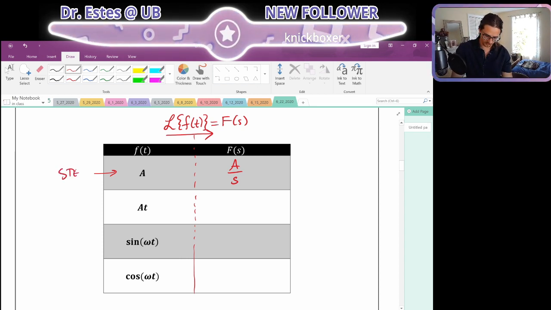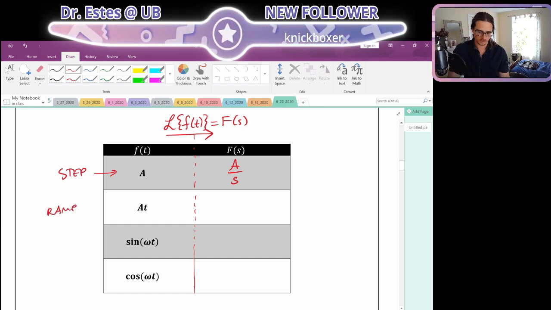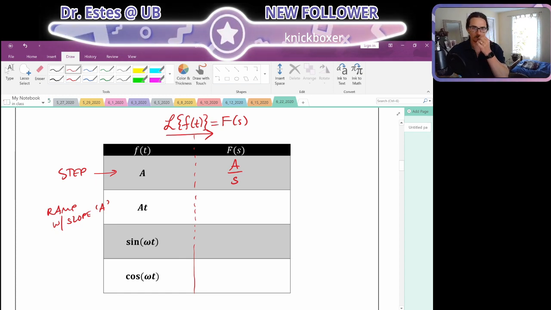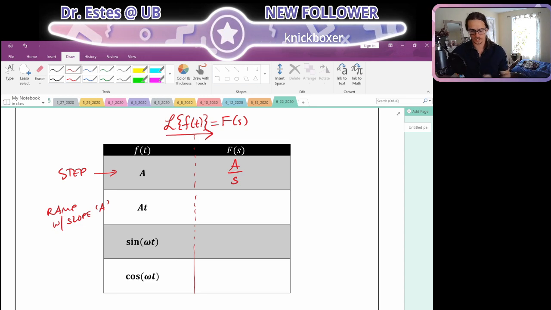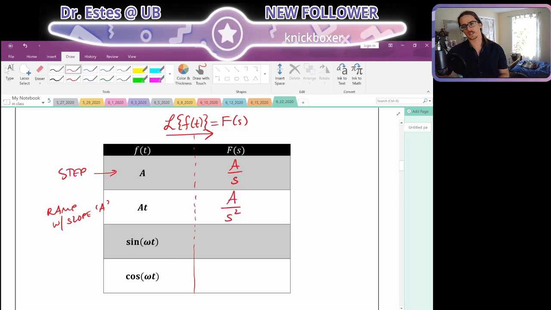So this is a step. This next one is a ramp with slope a. If you went through that same integral process we did up above, you'd get a over s squared.